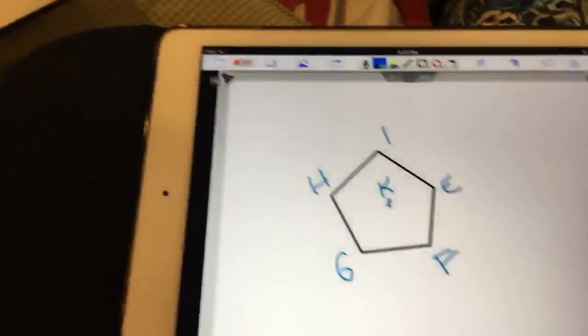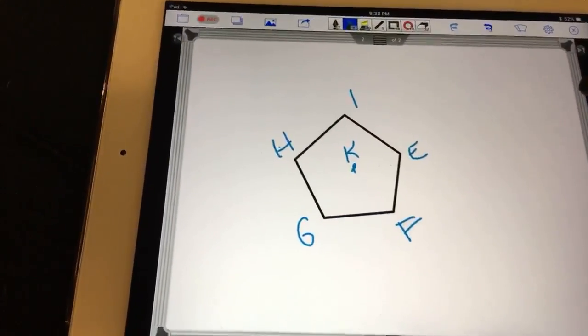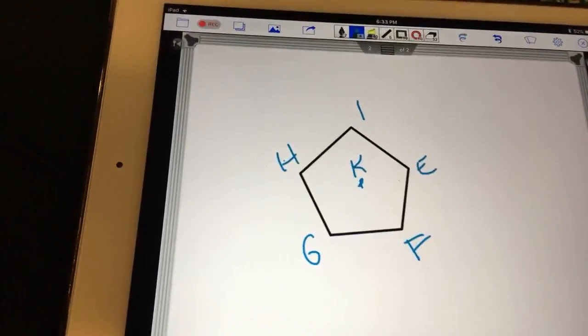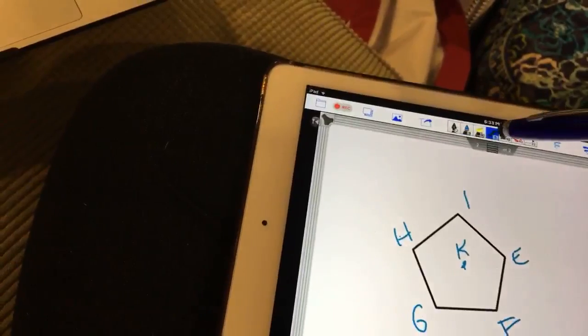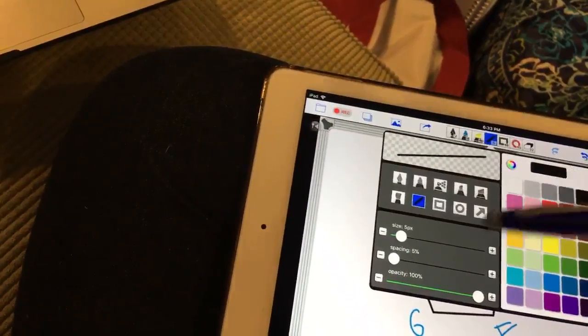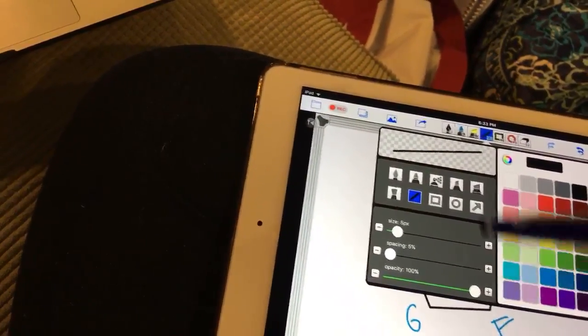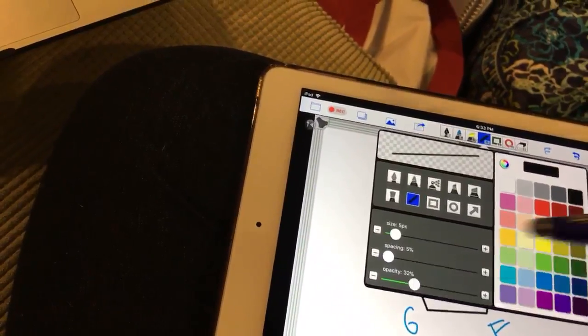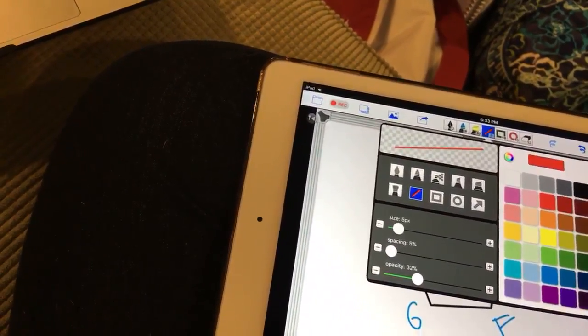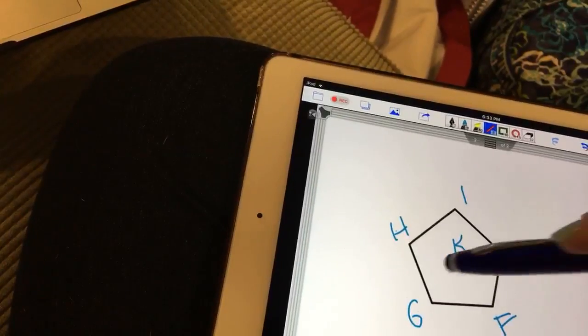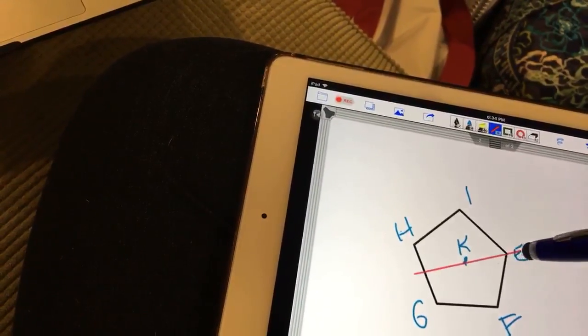So, if I reflect this across line EK, it is going to be right here. Okay?